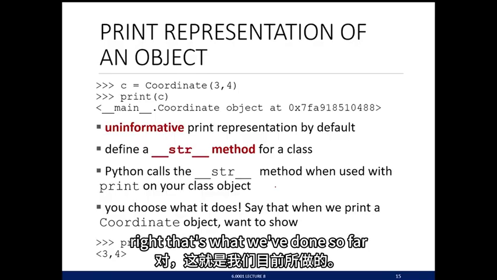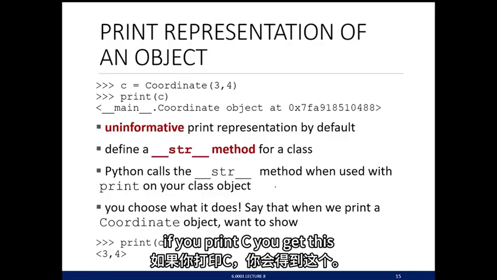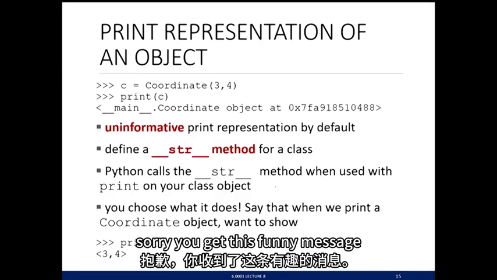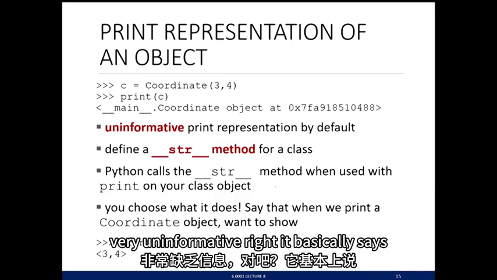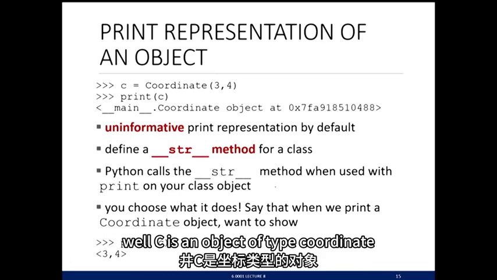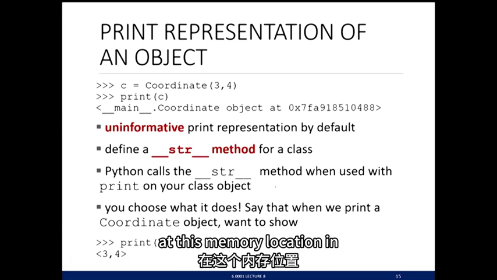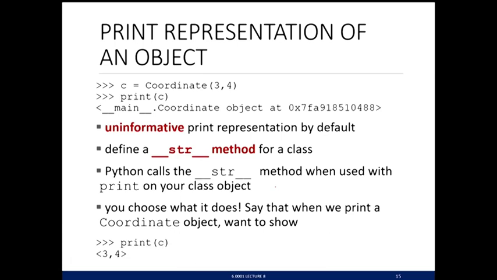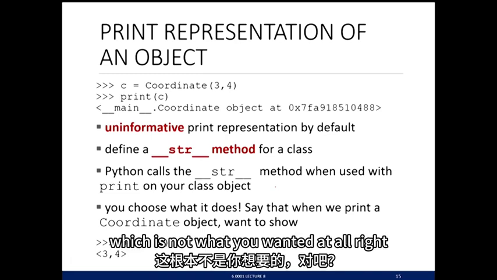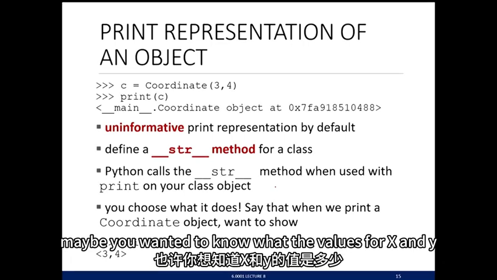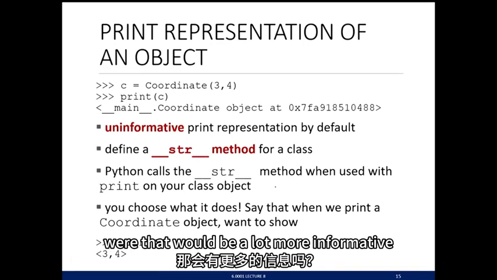That's what we've done so far. If you print c, you get this funny message. Very uninformative, right? It basically says, well, c is an object of type coordinate at this memory location in the computer, which is not what you wanted at all, right? Maybe you wanted to know what the values for x and y were. That would be a lot more informative.